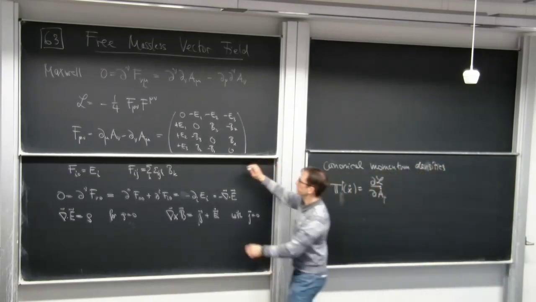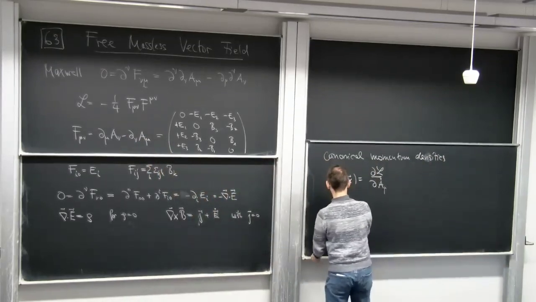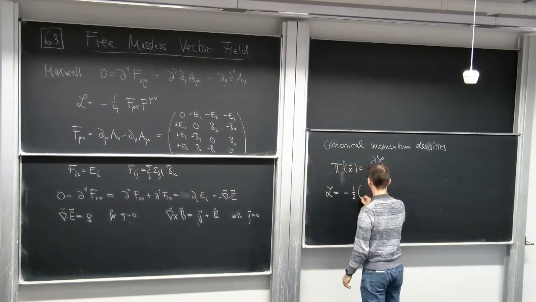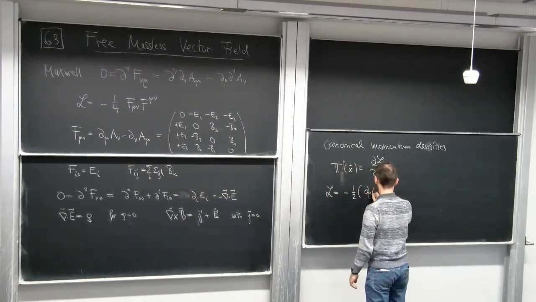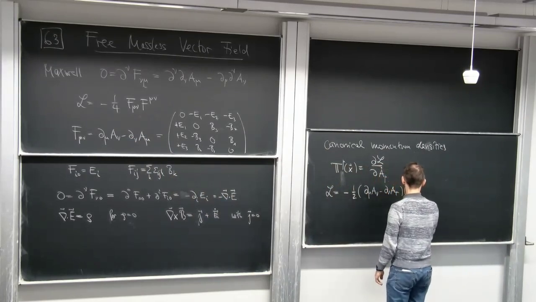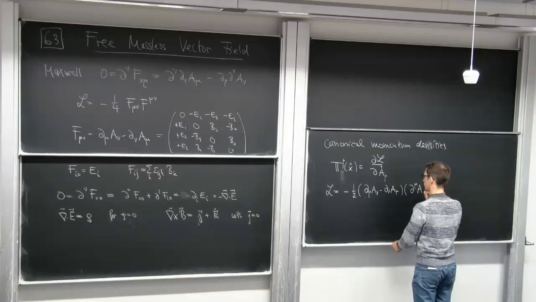So let's see. It's hard to see anything if this is just F. So we spell L out. This is minus 1/2 d mu A nu minus d nu A mu, d mu A nu.